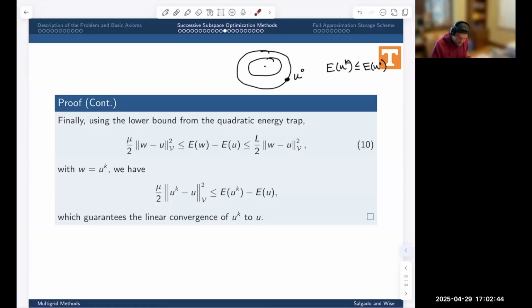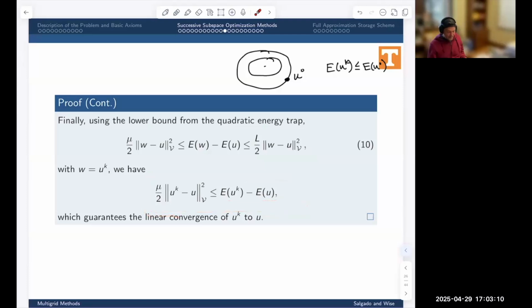And so that dictates for me what is the value of that L. Well, I'm going to apply that quadratic energy trap, which has that value of L associated with this energy dictated above, where W is equal to u_k. Once I do that, then I can immediately conclude that we have this type of inequality.